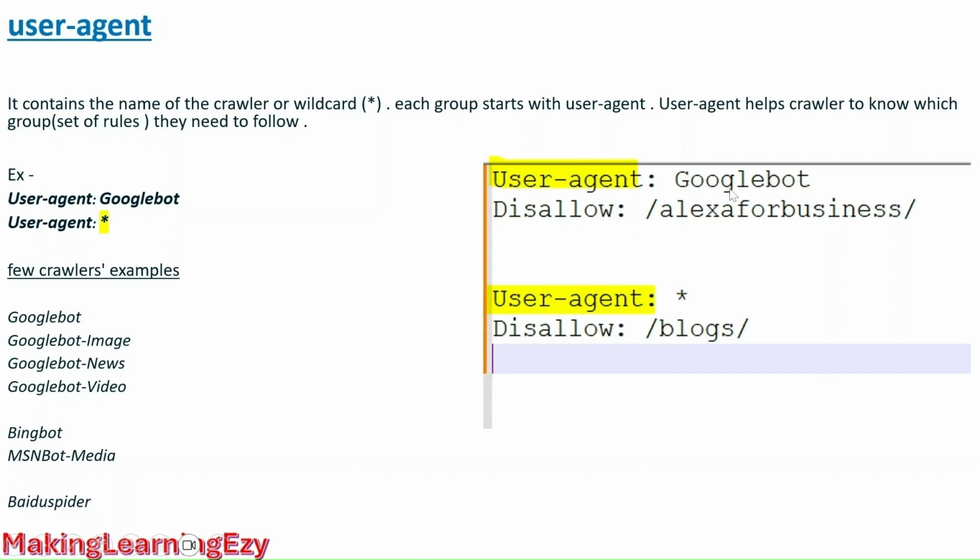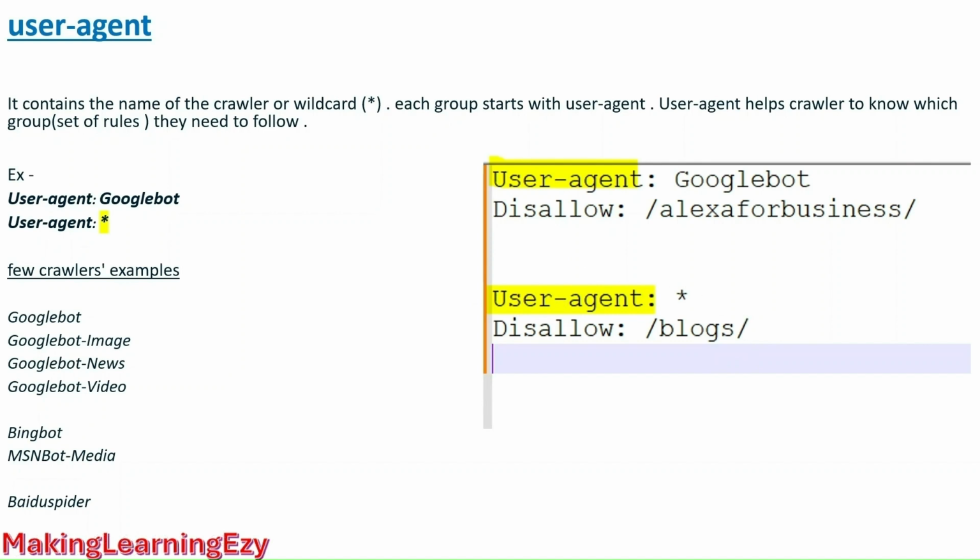One group for Googlebot and another group for all other crawlers. So when Googlebot crawls the website or domain, it will follow the first group. And if any other crawler crawls the website apart from Googlebot, that will follow the second group. So this is the use of user agent.